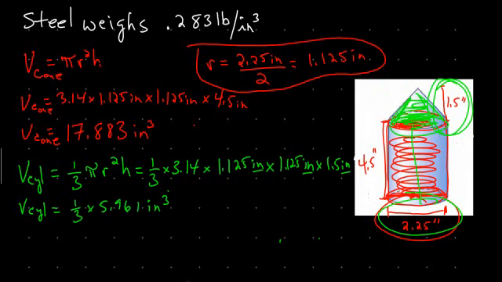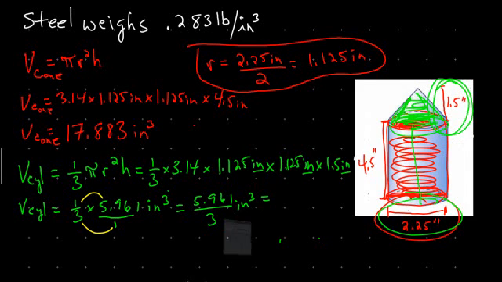Okay, and we're multiplying by 1/3, so that's a fraction. We write everything as a fraction, and to multiply by a fraction, we do top times the top, bottom times the bottom. And we're going to get 1 times 5.961 is 5.961, divided by 3 times 1 is 3 cubic inches.